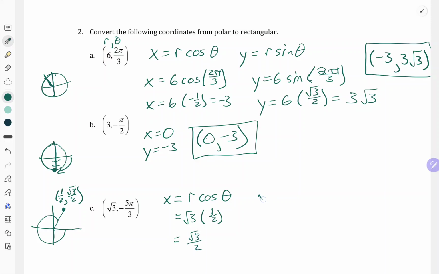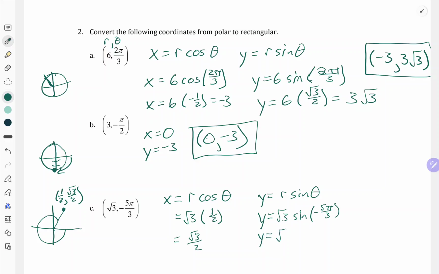Doing the y, right, so y is r sine theta, and the r in this case, square root of 3, and we got sine of that theta, which is the -5π/3. Right, so -5π/3, sine of that is that √3/2.